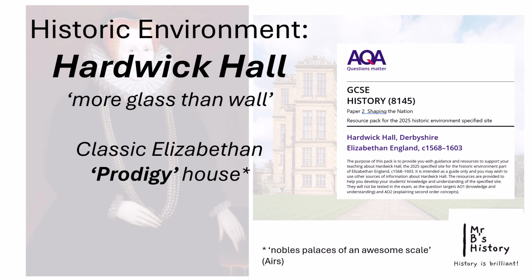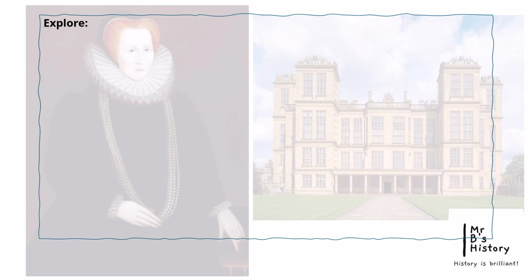Let's crack on. Okay, so for this historic environment, for Hardwick Hall, for 2025, you need to know various things about this house and how it applies to other areas.